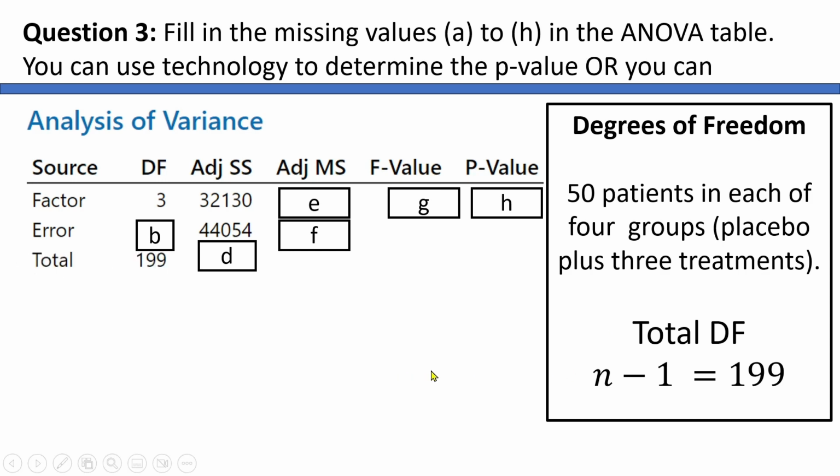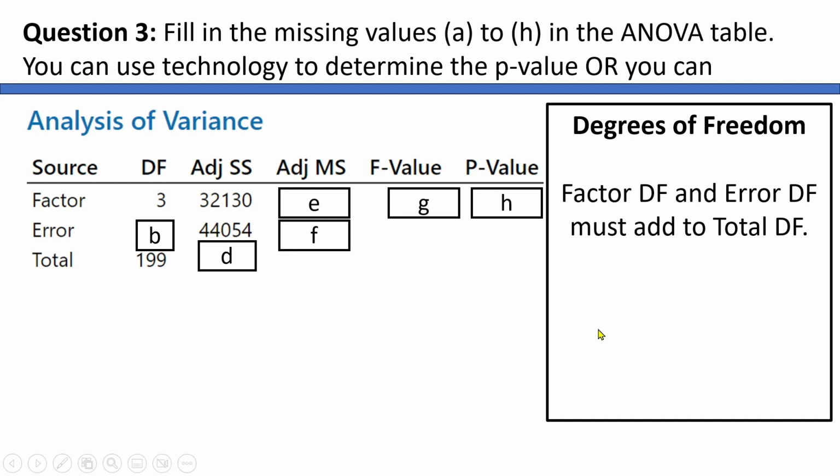Now for the error, the easiest way to think about it is that the factor degrees of freedom plus the error degrees of freedom must add up to 199, and so the number under this square must be 196. Another way to remember that is the error degrees of freedom is the number of observations minus the number of groups, also 196.